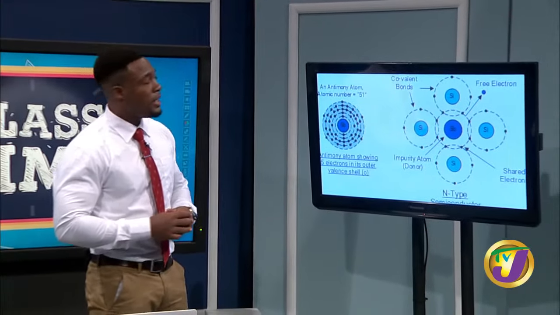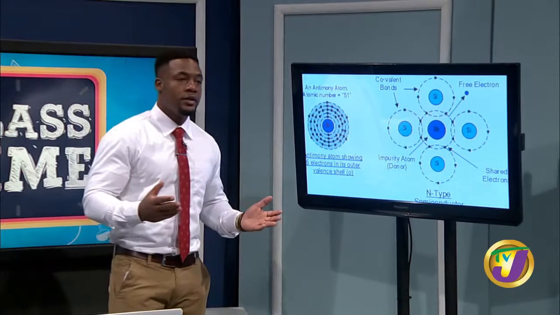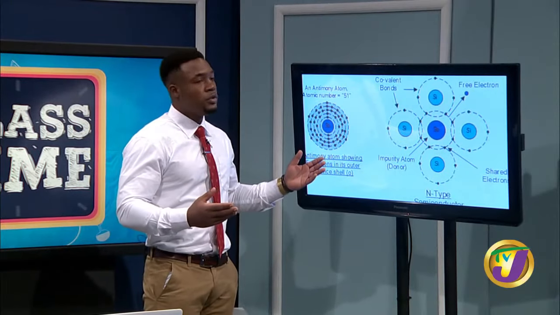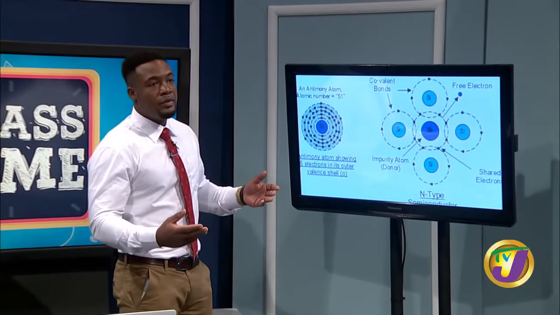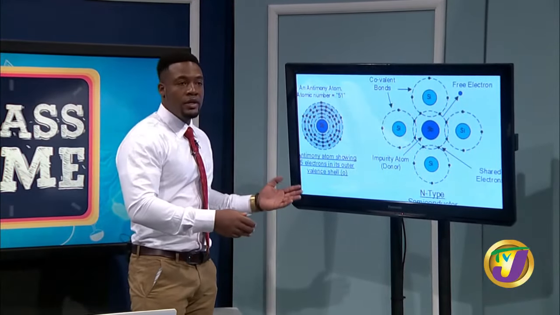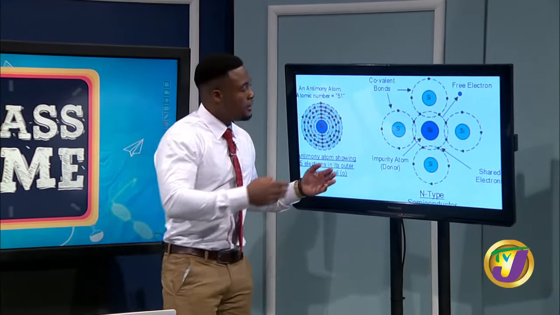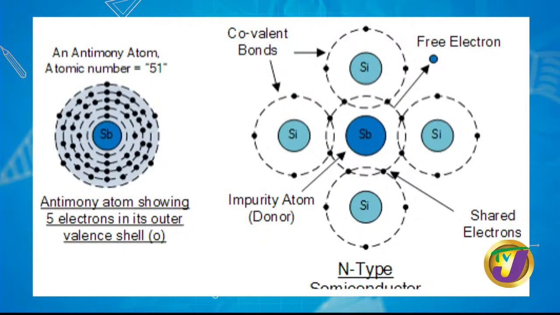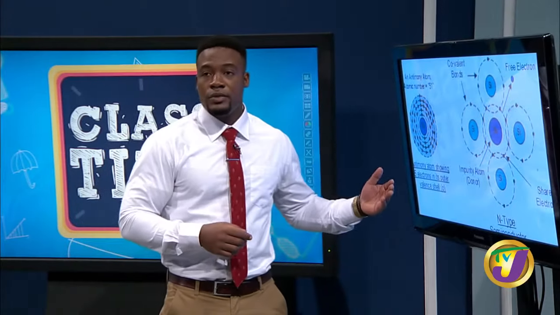All right. As was discussed by Mr. Myers earlier, you would have looked at intrinsic semiconductors, and he just discussed the extrinsic semiconductor, in which you add a doping element. You would take an element from either group 3 or group 5. In the previously mentioned process of doping, he added a group 5 element, which is antimony.